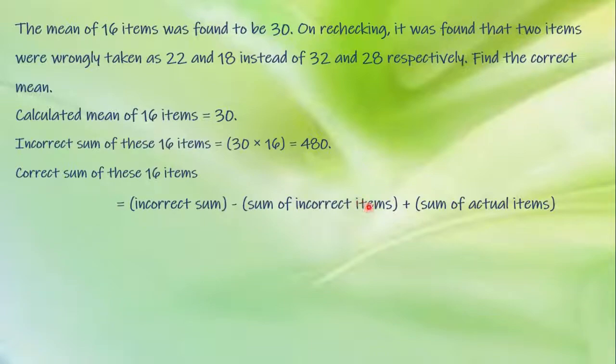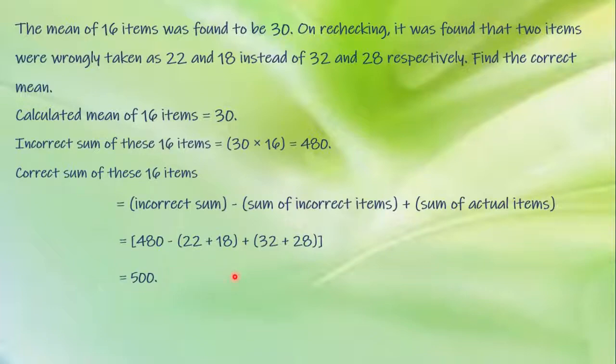Here, more than one item is replaced. So it will be 480 minus the wrong ones, 22 plus 18, and we are adding the correct ones, 32 plus 28. The answer will be 500. So the correct sum we obtained is 500.